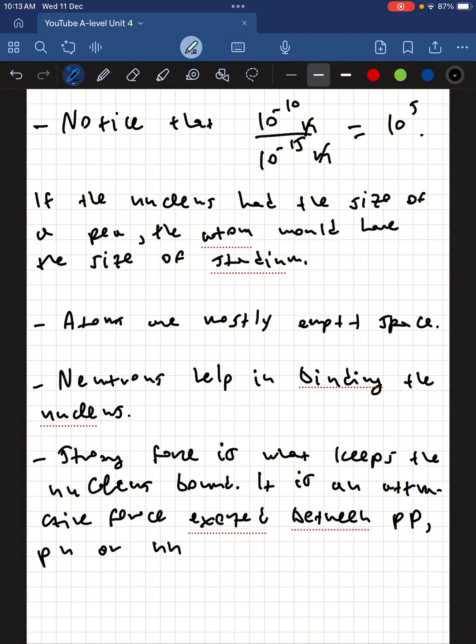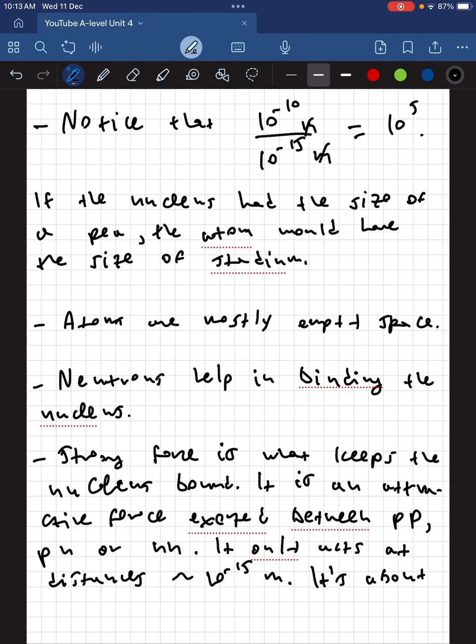So when you bring them really close together, it only acts at distances of about 10 to the negative 15 meters. So only within the nucleus this force is present. And it's about 100 times stronger than the Coulomb force.